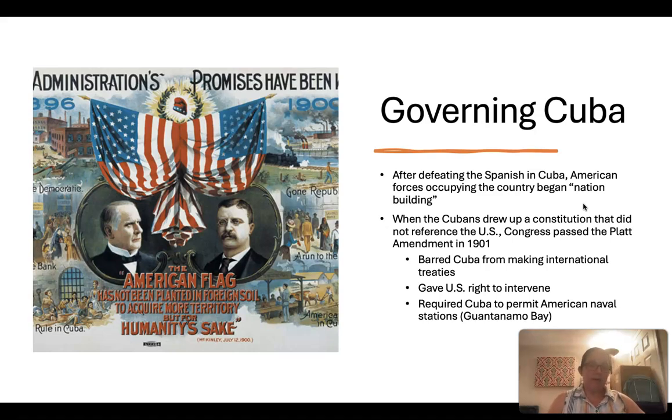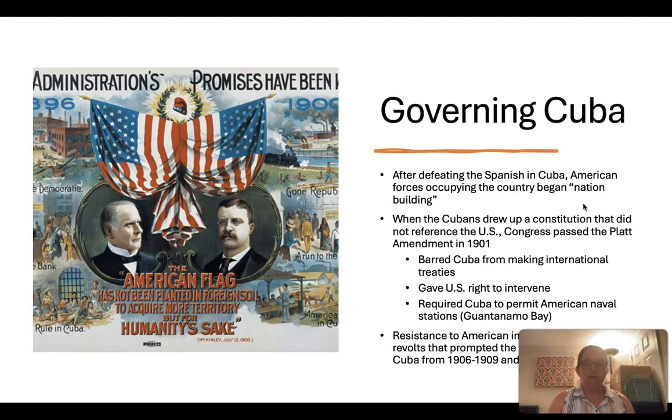American investors in Cuba begin buying up plantations and factories and railroads and refineries there. And there's a lot of resistance to this on the part of the Cuban people. Occasionally, this provokes revolts against the Cuban government. And sometimes these revolts prompt the United States to intervene militarily.